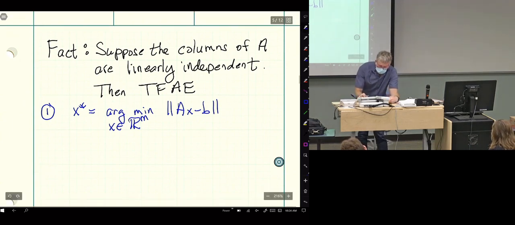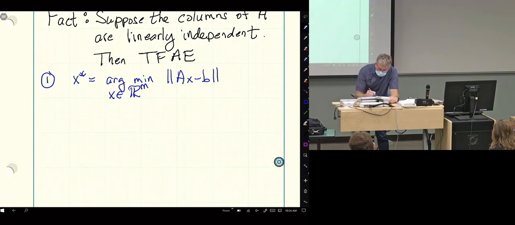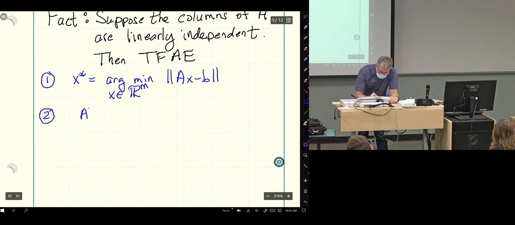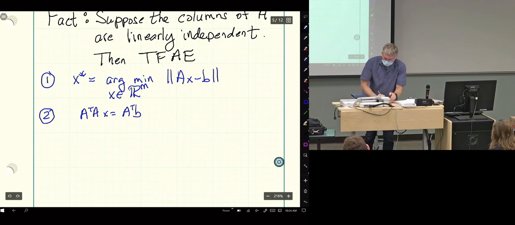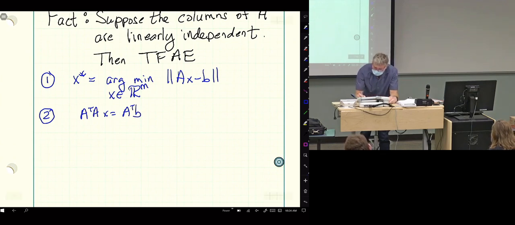So that's one thing. This next one tells us how to compute it. 2, A transpose A times x star equals A transpose b.